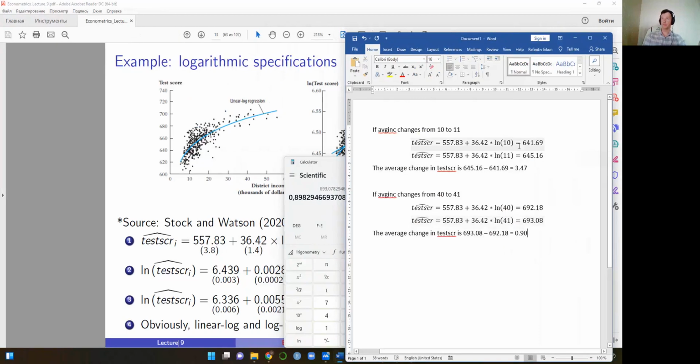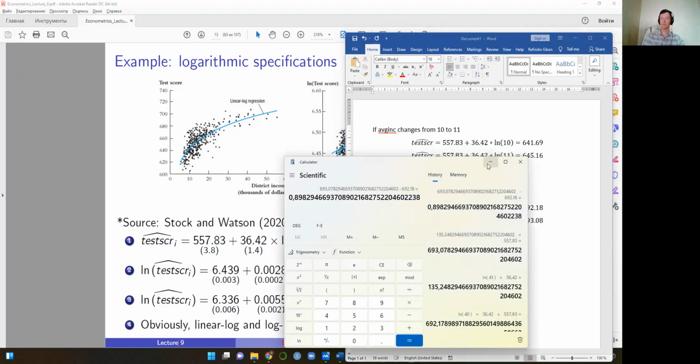So the same diminishing effect of average income change on the test score change. So for welfare districts, the effect on the test score is going to be lower. Was there any question?